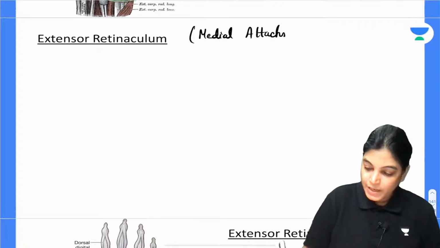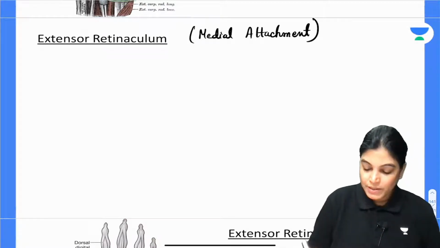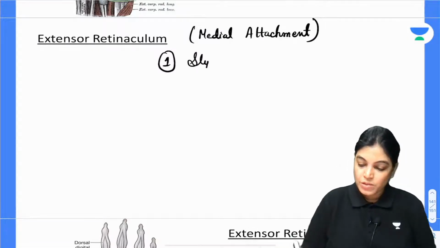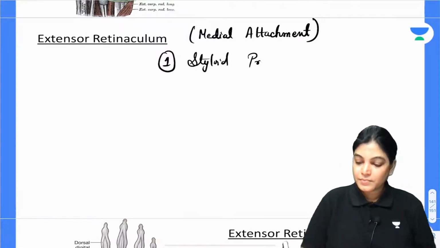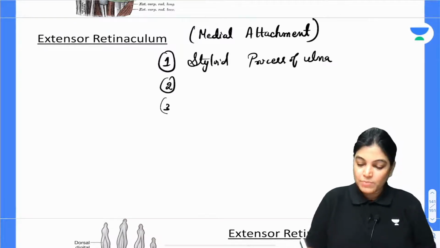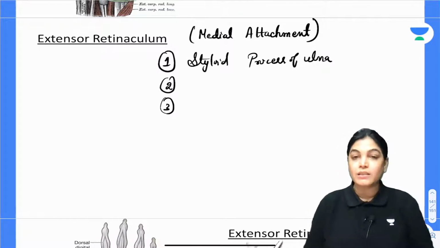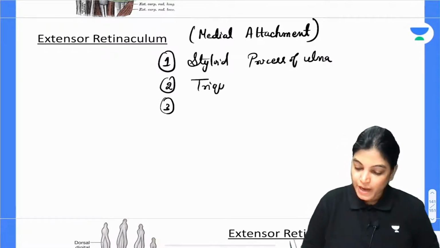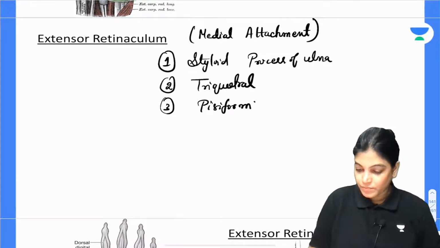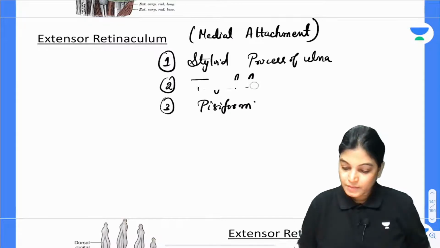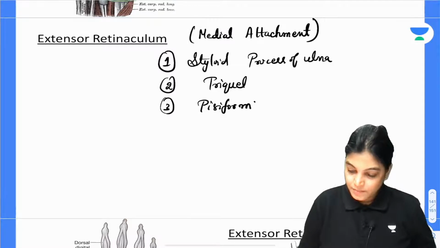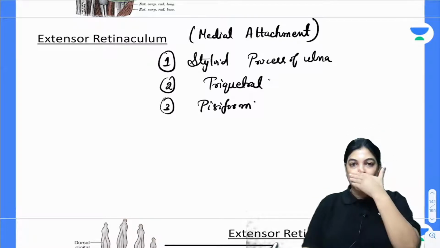Medial attachment of extensor retinaculum is to the styloid process of ulna, and medially two other carpal bones: triquetral and pisiform.